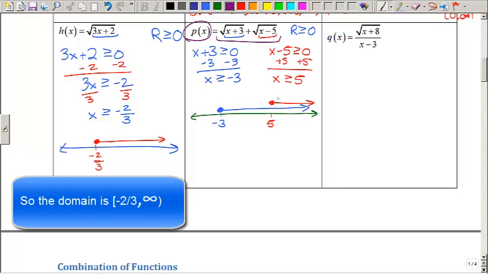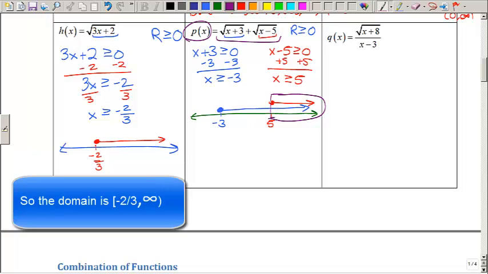The only values that we're allowed to use are the values that are both in the red part of the function and the blue part of the function. We need the values underneath the radical to be positive so that the function can be defined for both the blue part and the red part at the same time. So even though the blue part of the function is defined between negative 3 and 5, it's not defined for the other part of the function, which makes the whole p of x undefined from negative 3 to 5.